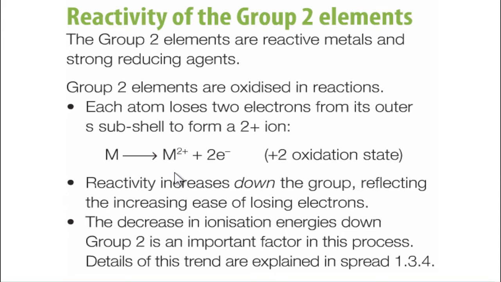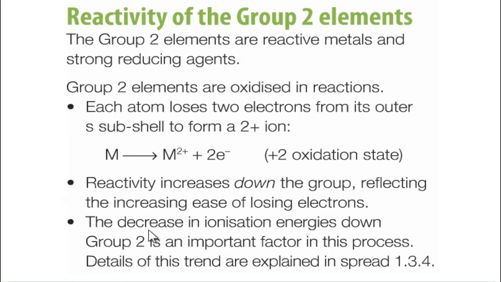Each atom loses 2 electrons from its outer S subshell to form a 2+ ion. So the metal forms a 2+ ion plus 2e-. You could have determined this if you looked at period 2, knowing that all the elements in that period form 2+ ions, and the 2e- is just a formality to say I've removed 2 electrons in this equation.